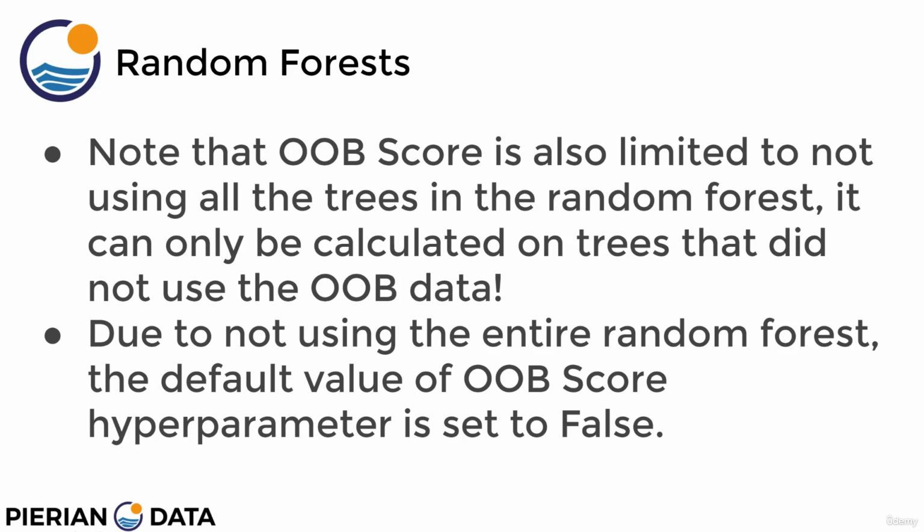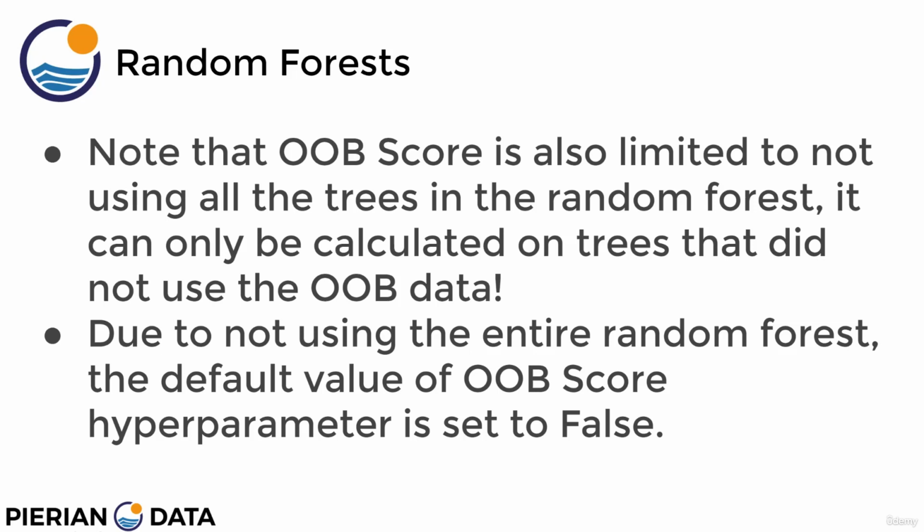Due to the fact that we don't use the entire random forest when calculating OOB score, and instead you're only going to do it for trees that didn't happen to see those out-of-bag data rows, that means we're not using the entire random forest to calculate this performance metric.